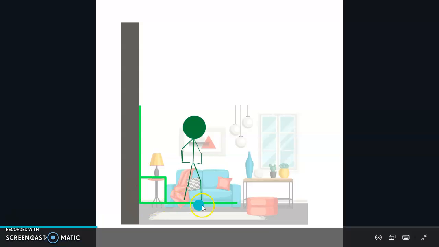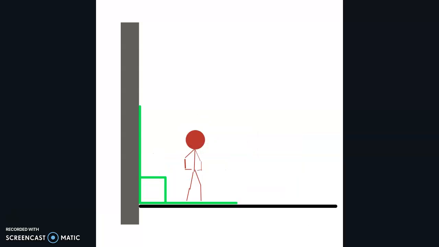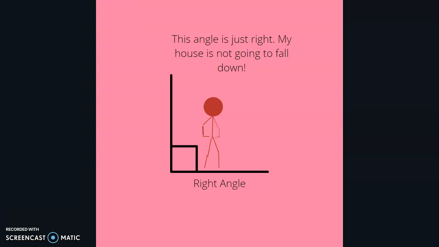See right here as an example, this lime green kind of looks like an L shape. And I can stand straight up, I can stand the right way. My wall's not falling down towards me or falling away from me. I am standing the right way. So that is called a right angle.